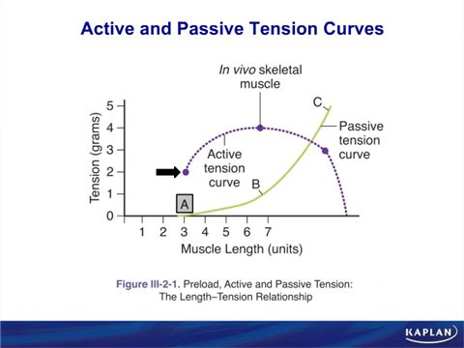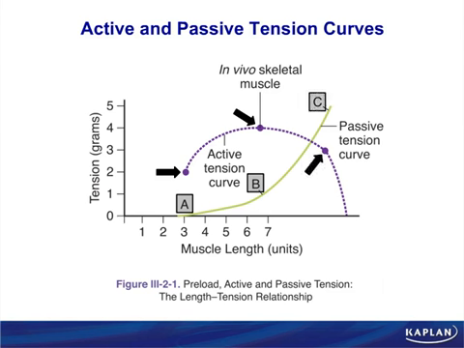At that no preload state, we generate about that much force by cross-bridge cycling. That's what's illustrated on the graph. Now, as I stretch the muscle, as I provide a little preload B, notice that the active tension goes up.